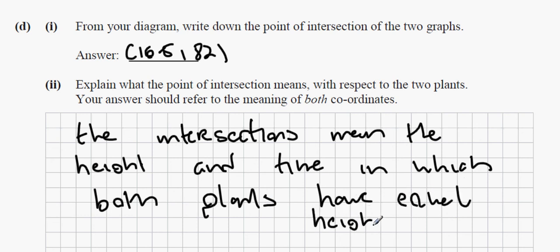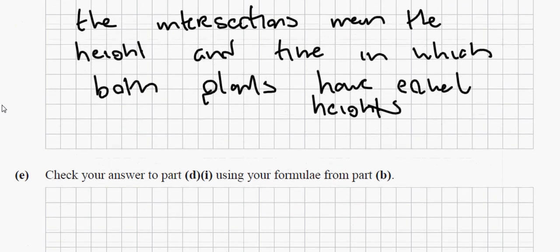Now that's what I got in my graph, but on the back of the book, some people say 70 and 80. So you can see I made a slight error on the computer there. Now, check your answer in part D using the formula of part 1.